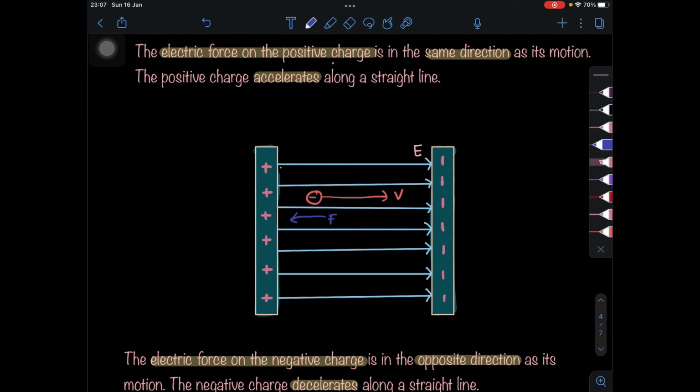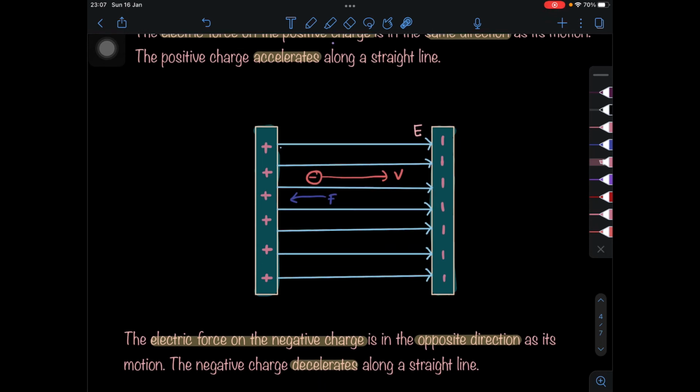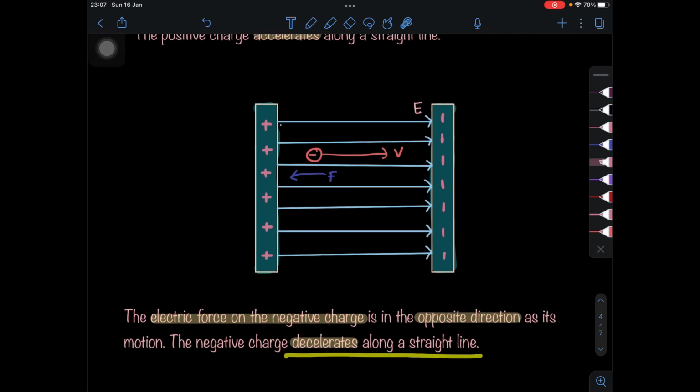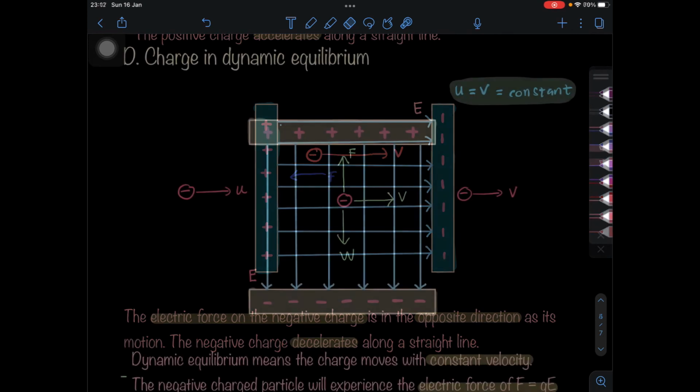Since the movement is going to the right, and there is a force pushing it to the left, what happens to this charge? The charge will decelerate along a straight line. So this is for case number 3.